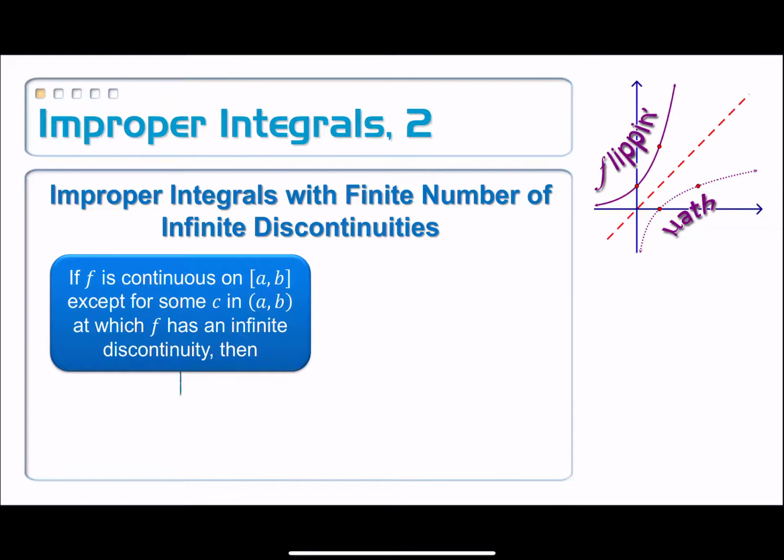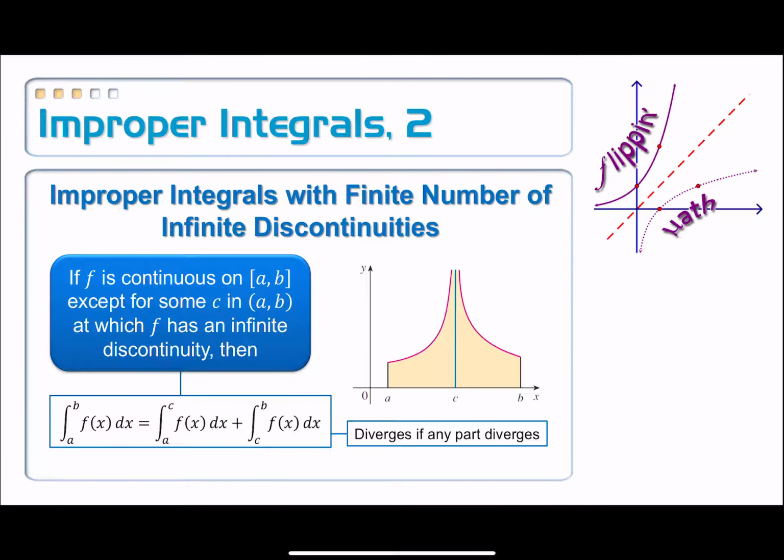One like that and one like this. Here's a graph of that happening. We have this infinite discontinuity here at c, so I'm going to break this up at c, and perform the limit as we approach c from the left-hand side separately from approaching it from the right-hand side.